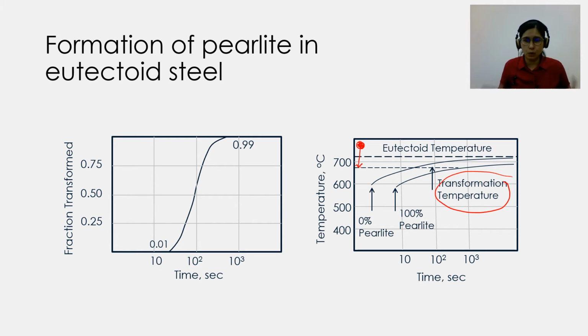So just by looking at this TTT diagram, we know that after around, let's say, 40 seconds, so here, this time scale is in log scale to fit all the information into one graph.